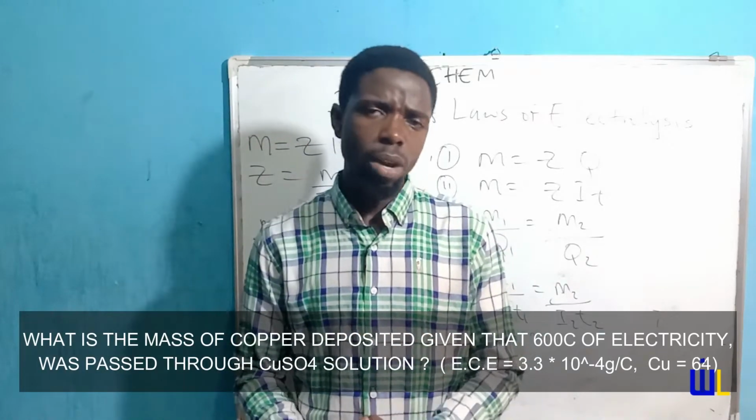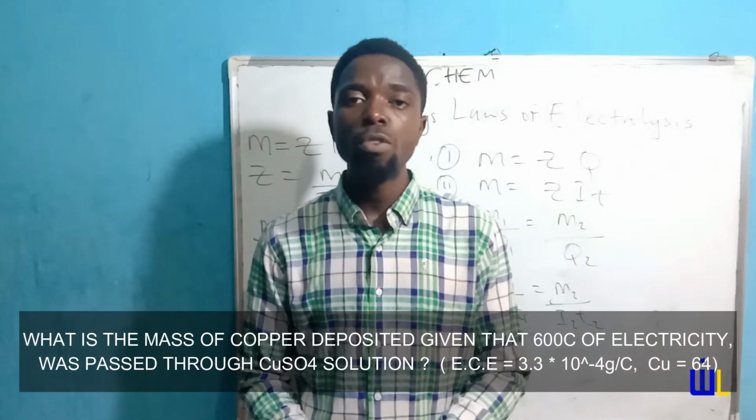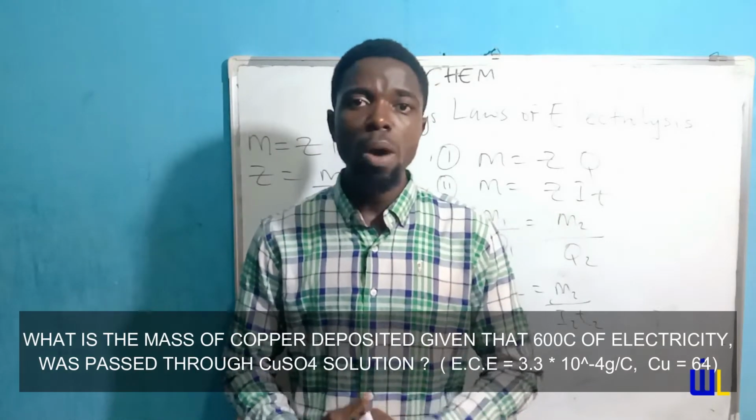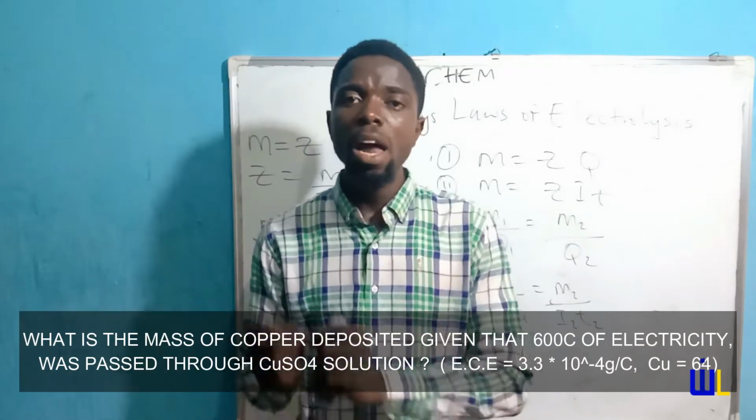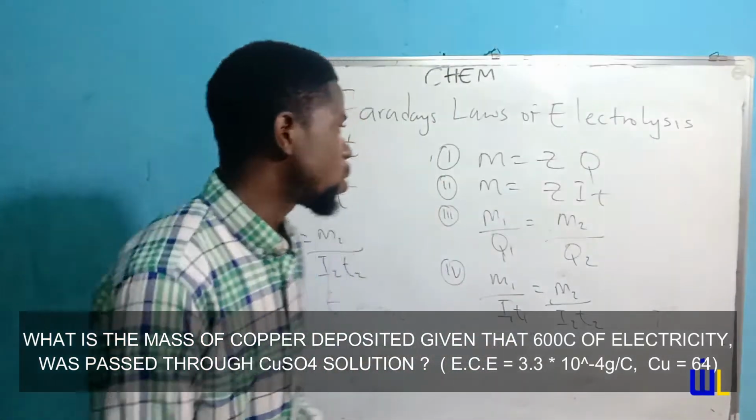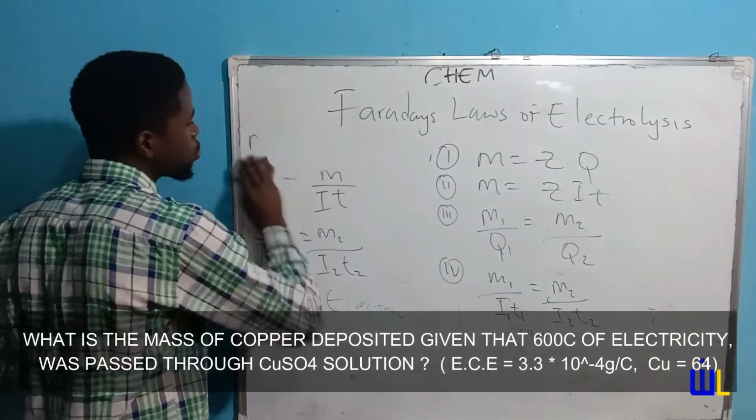Full stop. And you're right, the electrochemical equivalent of copper is 3.3 times 10 raised to the power minus 4 gram per coulomb. So let's get to solve this question. It should be very easy to solve.